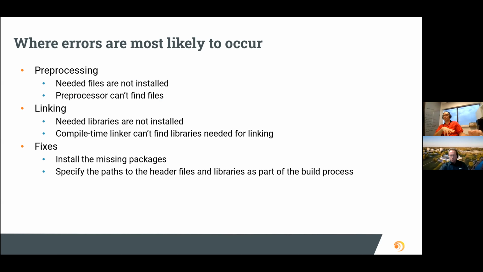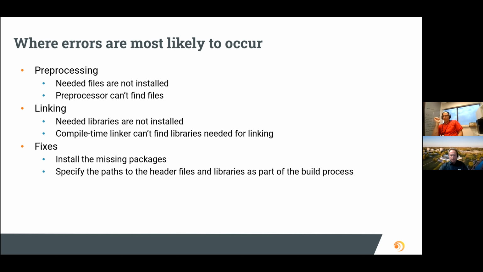They're going to be in different locations depending on the Linux distribution you're using, and also whether you installed those libraries yourself to get a later version, or that software isn't provided by the operating system or a third-party repo. So you're going to need to tell it where those are installed. And then when it links, it's going to have to do the same thing. It has to find the libraries you're referencing and link them together. So that's another source where it needs to know information or can't find things.